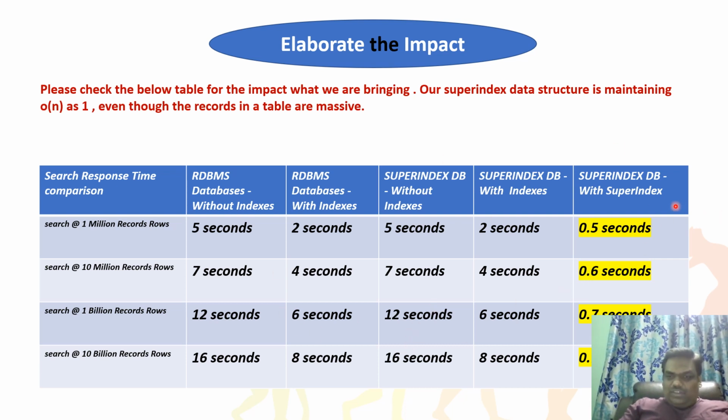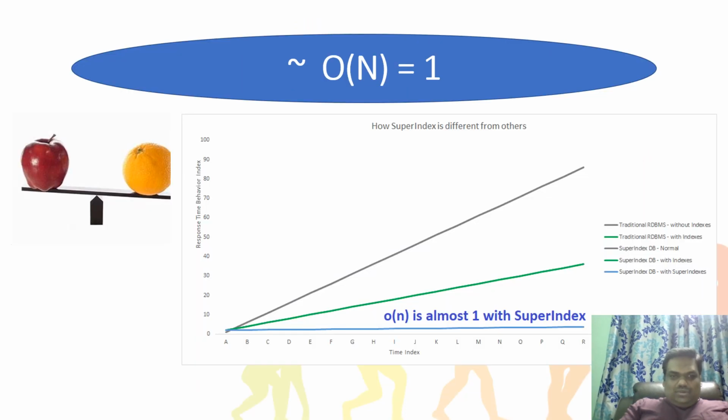When you have SuperIndex DB, you have the SuperIndex data structure, and that gives you the biggest benefit. Even though your queries are complex and your records are huge or massive, SuperIndex DB will help you. We have already discussed this a lot. As I mentioned, it never goes to n or n plus 1 or something like that. It is almost 1.